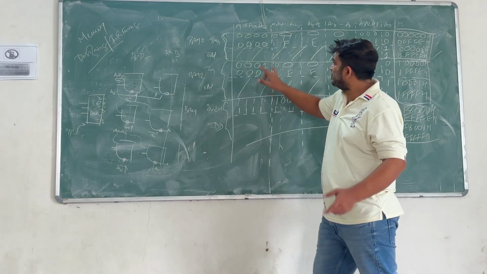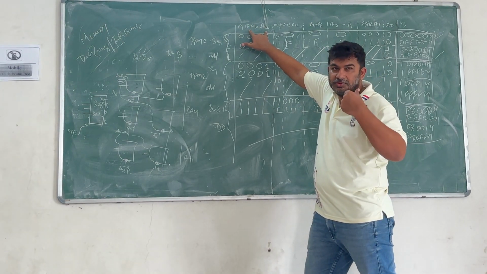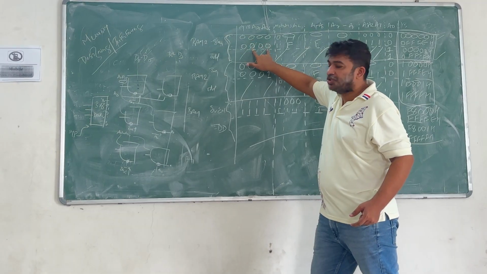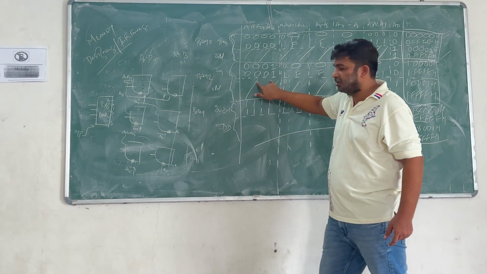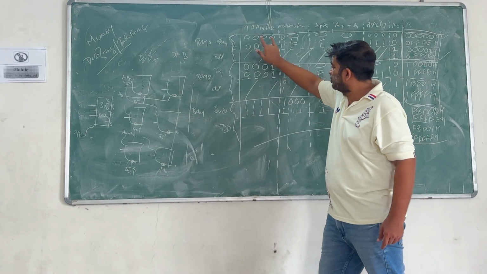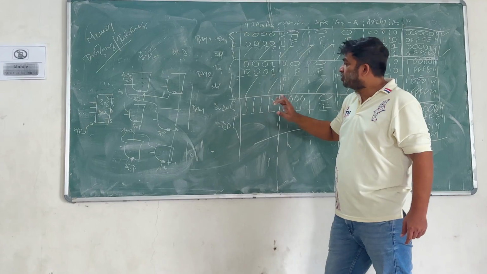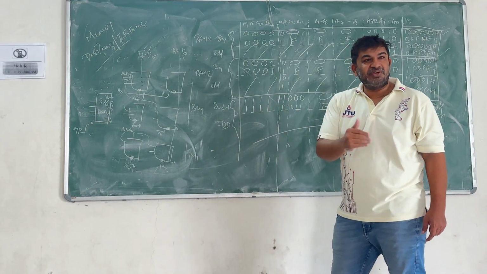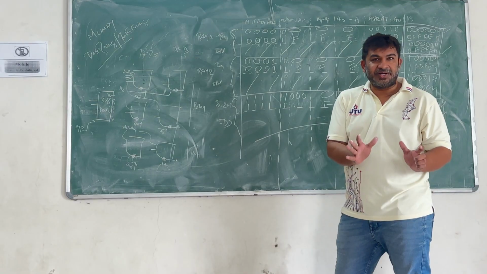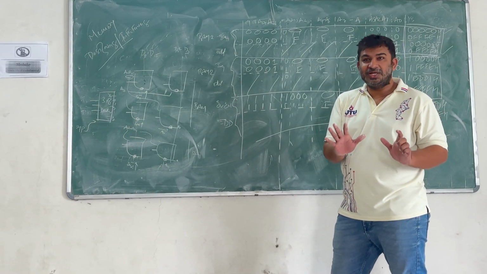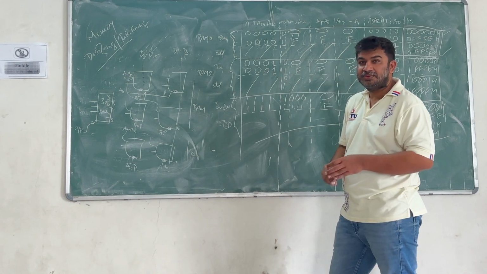Now if you concentrate on 16, 17, 18: here it is 0 0 0, here it is 0 0 1, here it is 1 1 1. So for all three banks it will give different answers, and that is what you want. Understand?